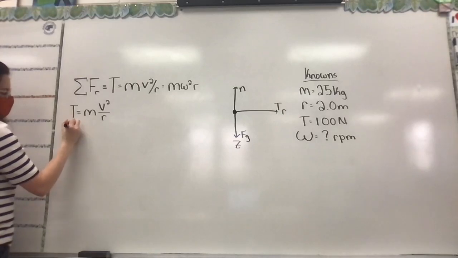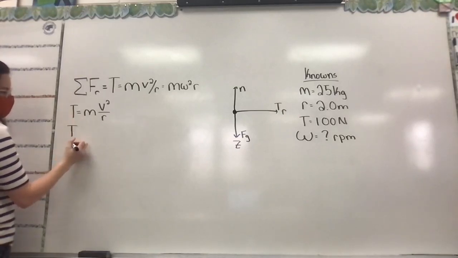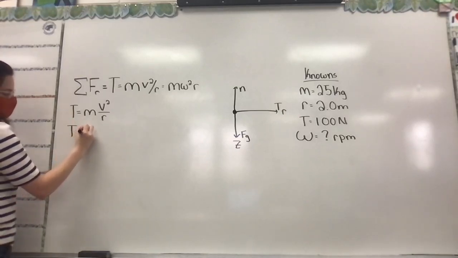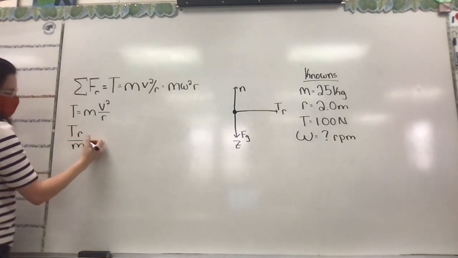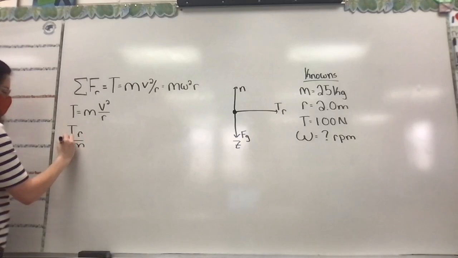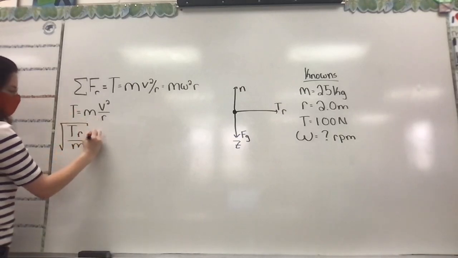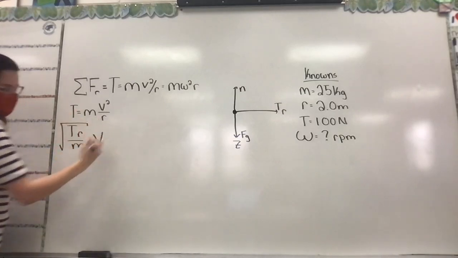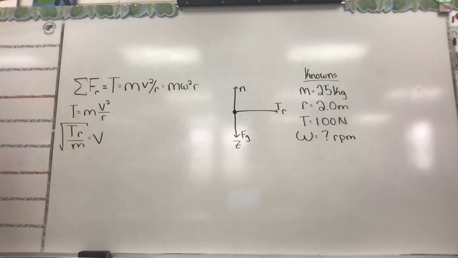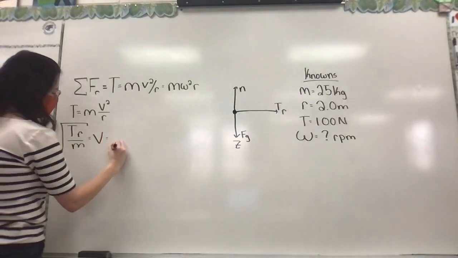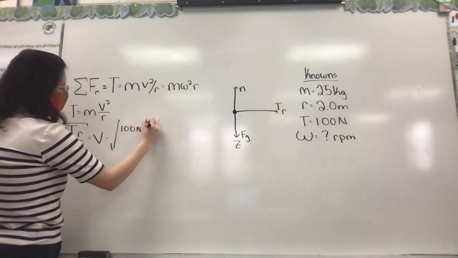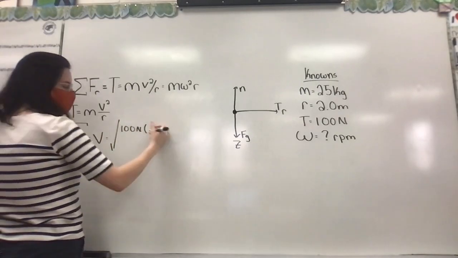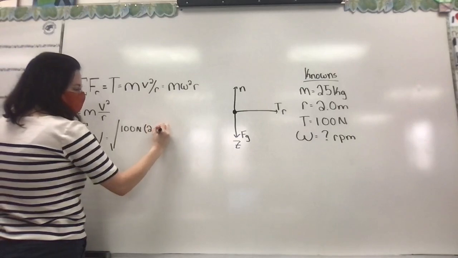TR divided by m. Does everybody agree with that? Square root equals v, right? Okay, so let's see what we got here. We know that T is 100 newtons. We know that R is, what's R? 2 meters.